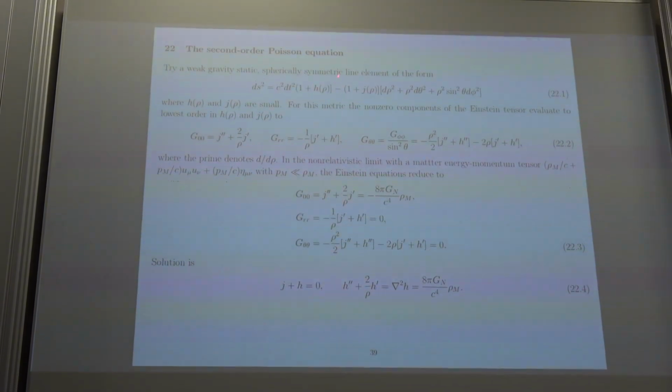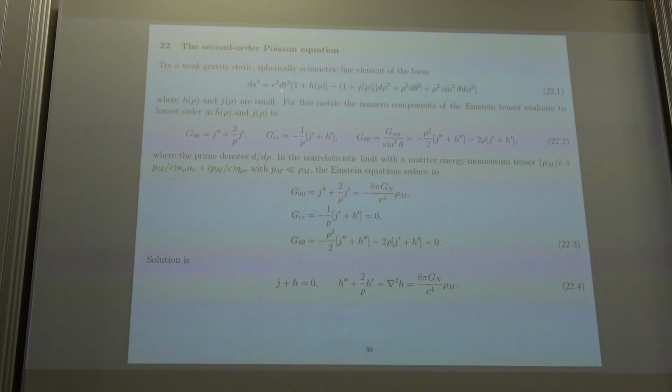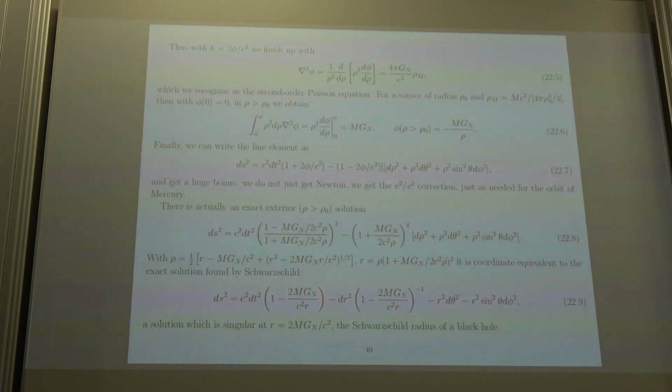That relates to this term, which is the v squared over c squared correction to that term. And that J will then give us the perihelion of Mercury. That term here gives the correction to Newton's laws, the correction to Kepler.